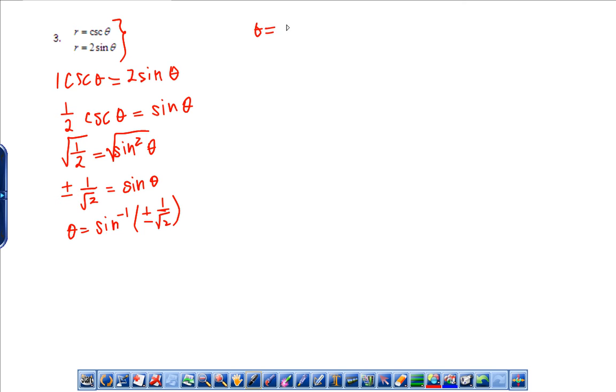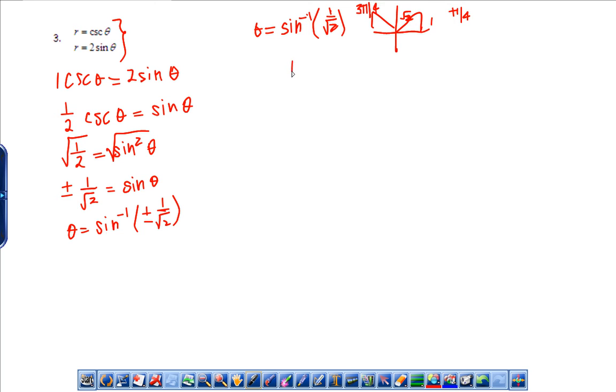So when I say theta equals arc sine of my positive 1 over root 2, my positive triangles are going to be here. This is going to give me pi over 4. And my other positive triangle is going to be right here. This is going to be 3 pi over 4.